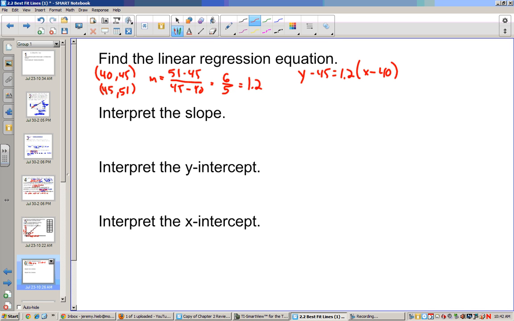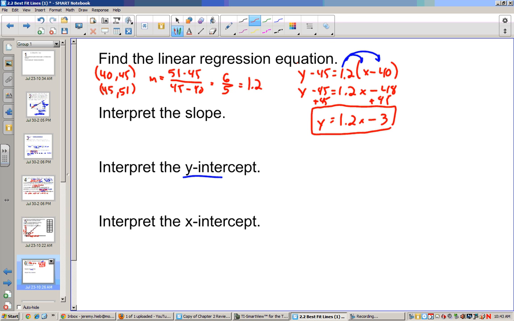Or if we wanted to turn this into slope-intercept form, because it says down here we'll need the y-intercept, we could multiply this over the parentheses and have y minus 45 is equal to 1.2x. And now 1.2 times 40 is 48. Now I'll add 45 to both sides. So y is equal to 1.2x minus 3.